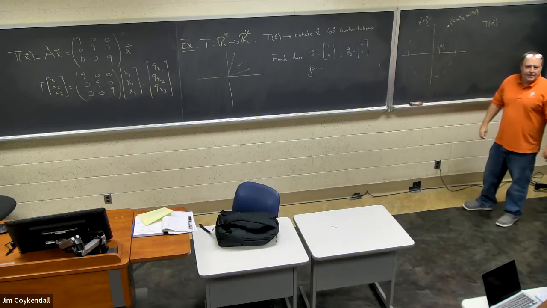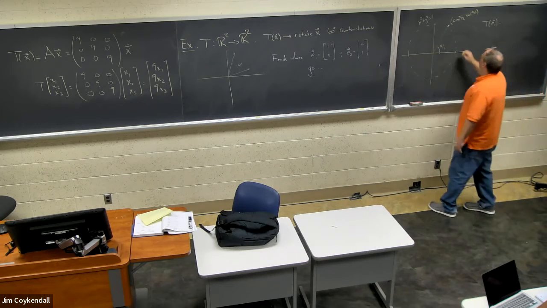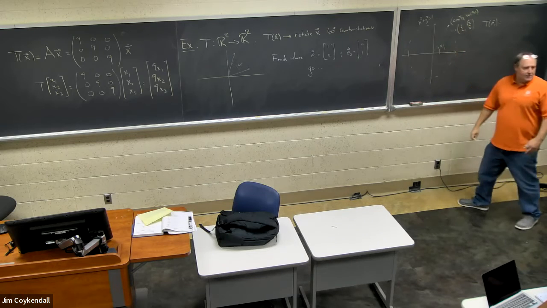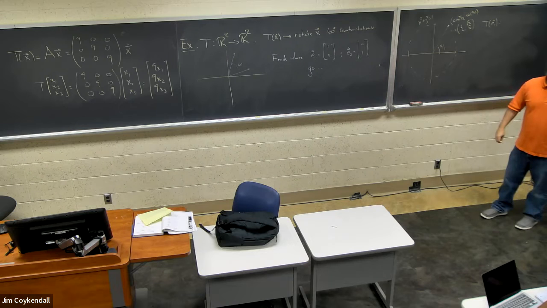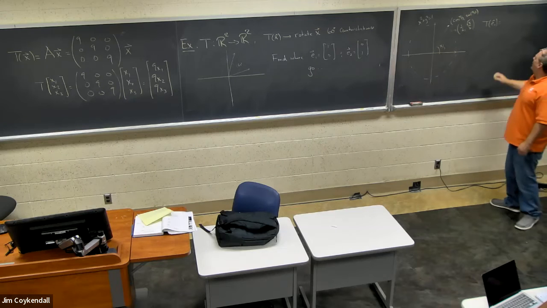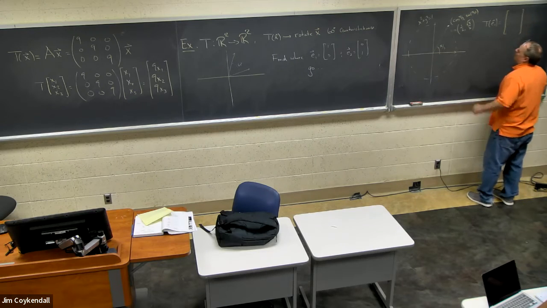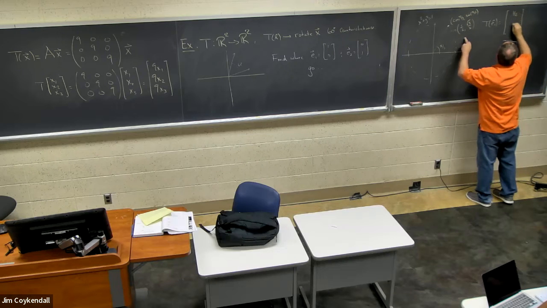Everybody agree with that? So what happens to T of E1? It ends up at 1/2, radical 3/2.